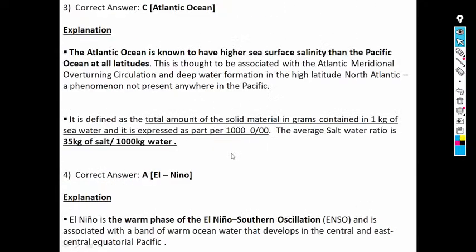Actually, El Nino current, basically, if I draw a diagram here, this is Peru, Ecuador, Peru, Chile.